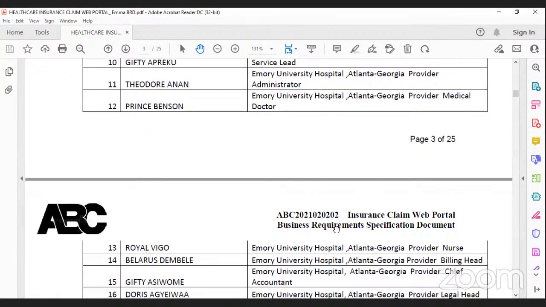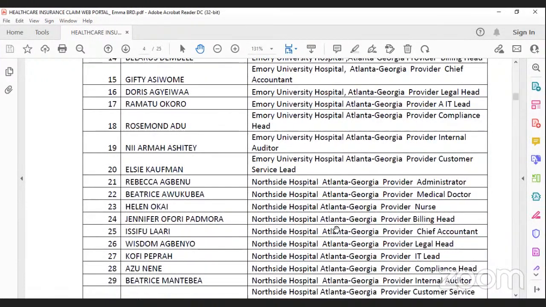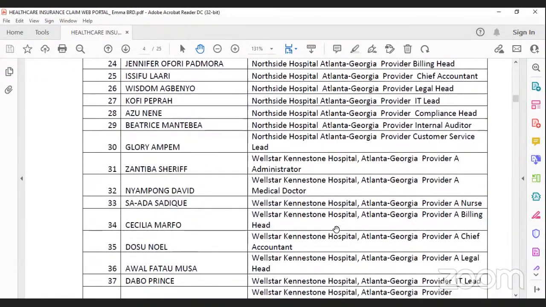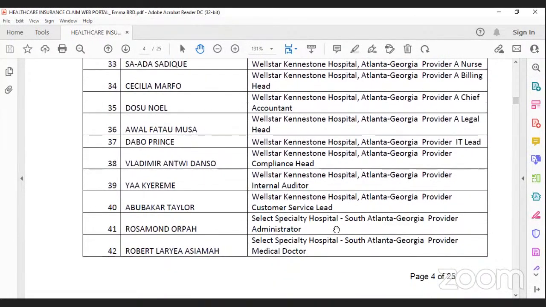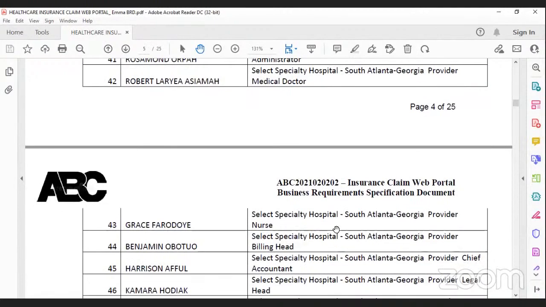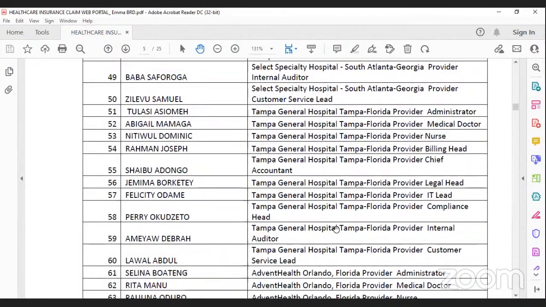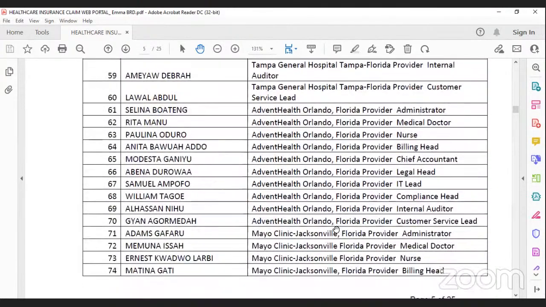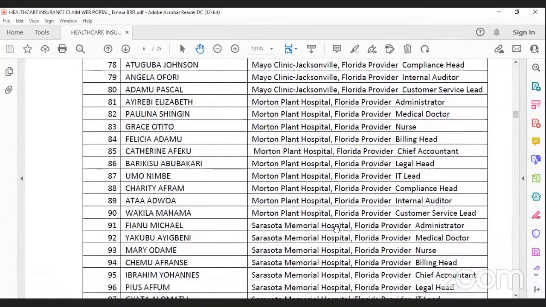Also in Atlanta, Georgia, Emory University Hospital, we did that. We went on to Northside Hospital in Atlanta, Georgia, and for each of the states, we took the pain to meet all these guys to be able to interact with them. Same in South Atlanta, we went on and on. Then we came to Florida: Tampa General Hospital, Advent Health, Mayo Clinic in Florida, Mountain Plains.